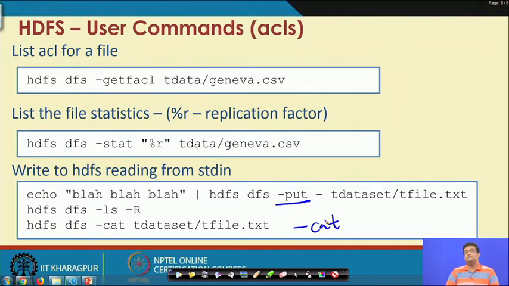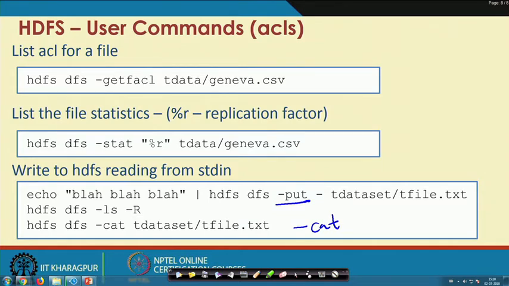This is very important because many times you have very big data which is generated from some other application. Maybe you have the data in a zipped format or some such format, and you want to directly put it to HDFS without putting it to the local file system, because your local file system does not have enough space. Then you can use these kinds of commands.